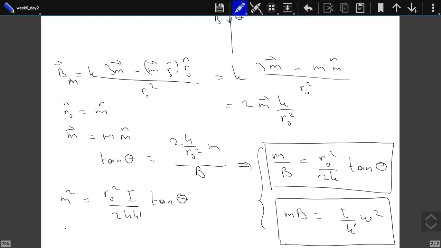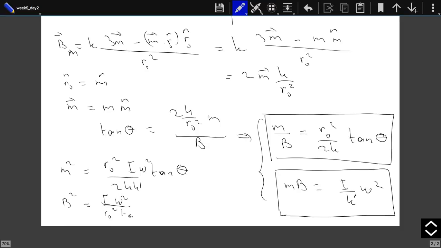And if you just divide them side by side, b squared, yes, omega squared. And b squared is I omega squared divided by r0 squared tangent theta times twice k over k prime.